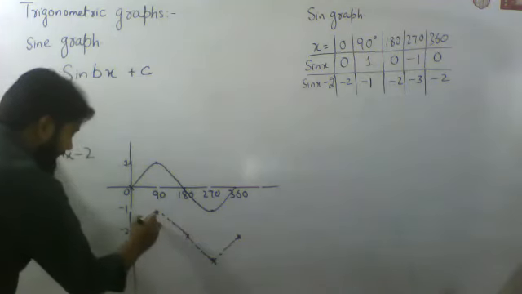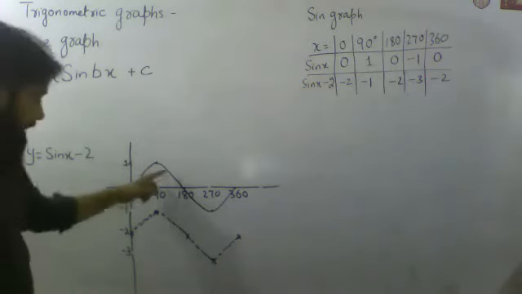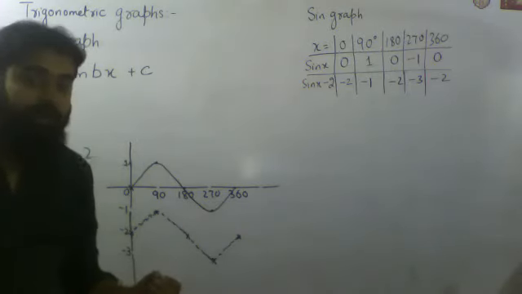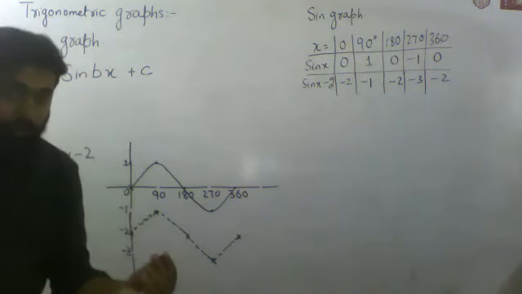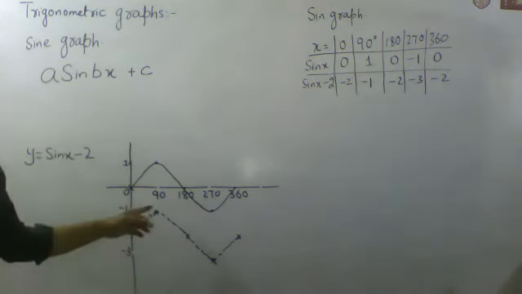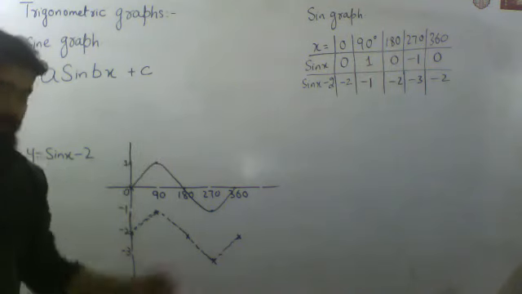See, the size of the graph is the same. There is no change in the size of the graph. Only what has happened? The graph has moved 2 units in the y-axis. When it is -2, it means I'm dragging it downward.